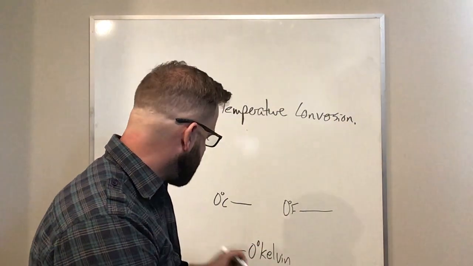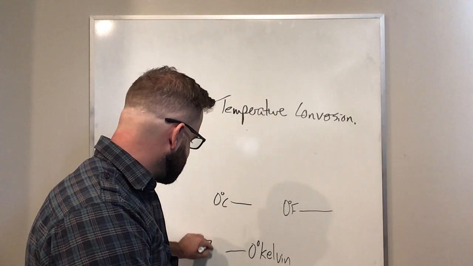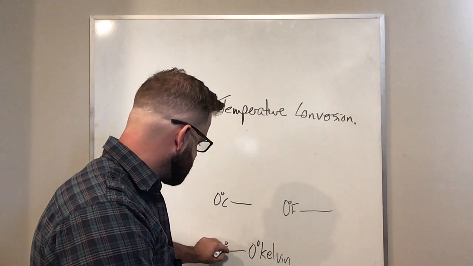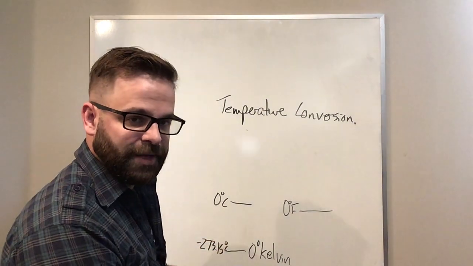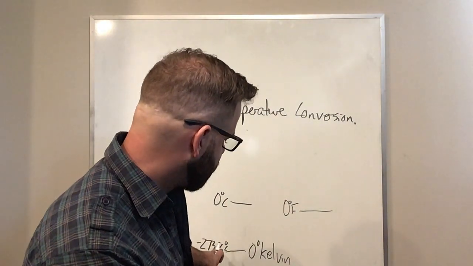And 0 degrees Kelvin is negative 273.15 degrees Celsius. Sorry, I did make that a little small. So negative 273.15 degrees Celsius.